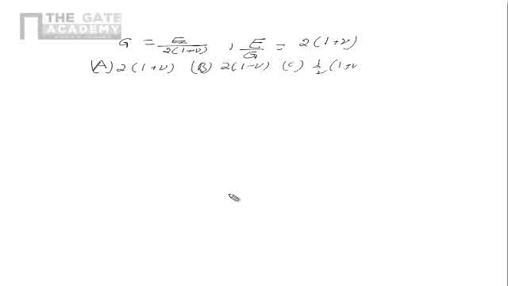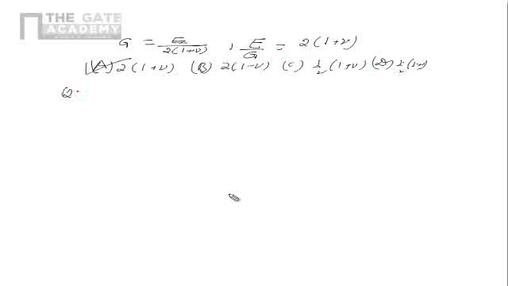So that gives me E upon G is 2 times 1 plus nu. The options are A, 2 times 1 plus nu, B, 2 times 1 minus nu, C, 1 upon 2 1 plus nu, and D, 1 upon 2 1 minus nu. So obviously the answer is A. It's 2 times 1 plus nu.